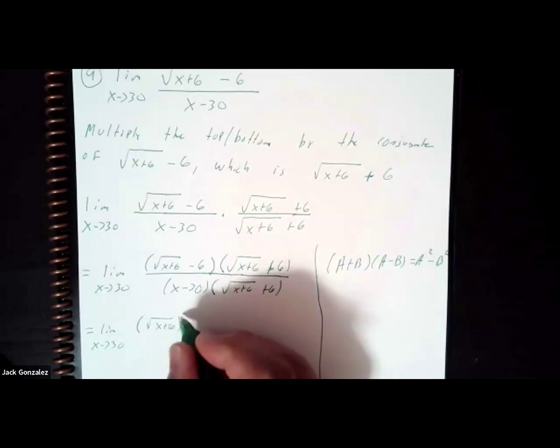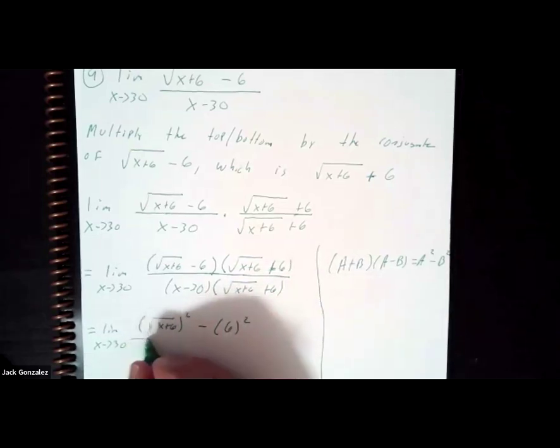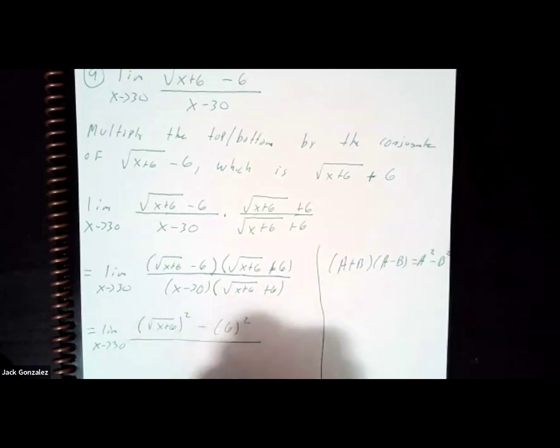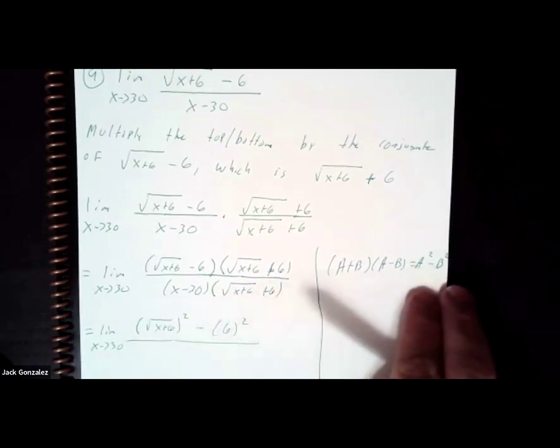So you don't have to do the FOIL, all that multiplication, just use this, right? Save yourself some time. So square the first term minus the next term, because that's what the formula says, right? It'll become those two.